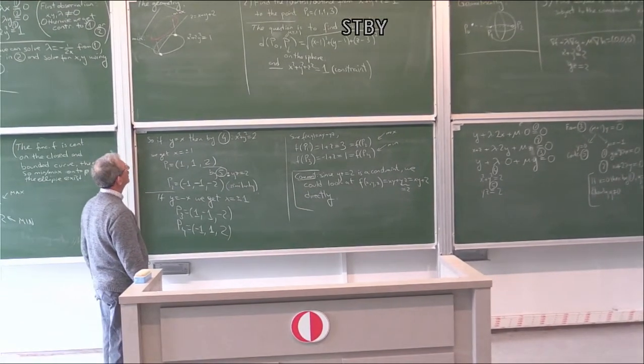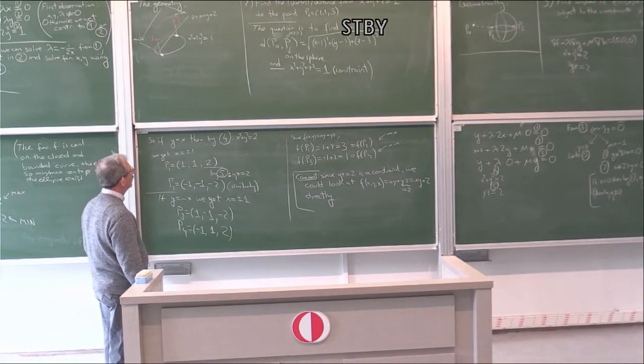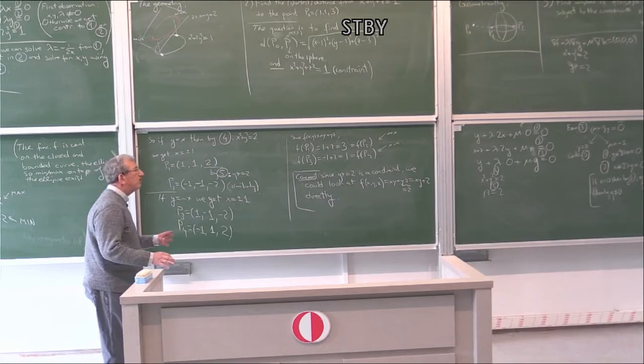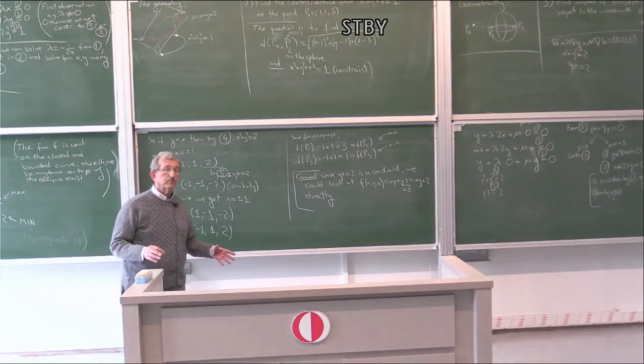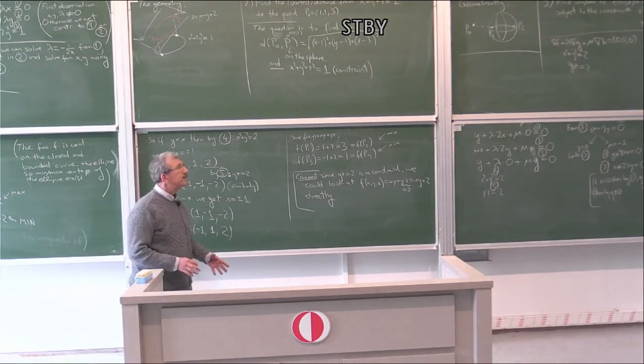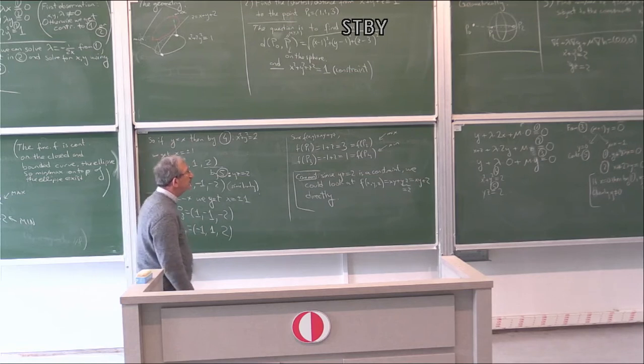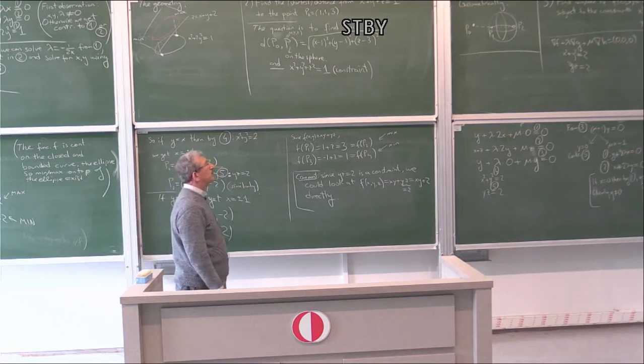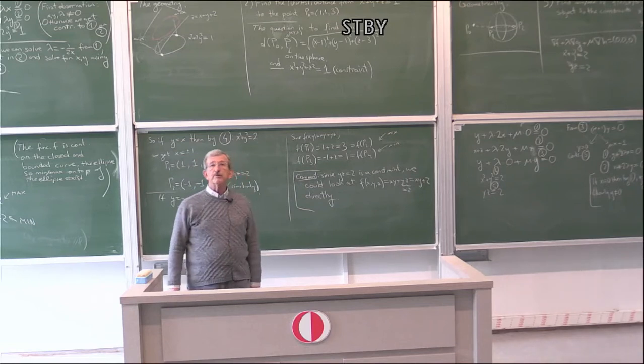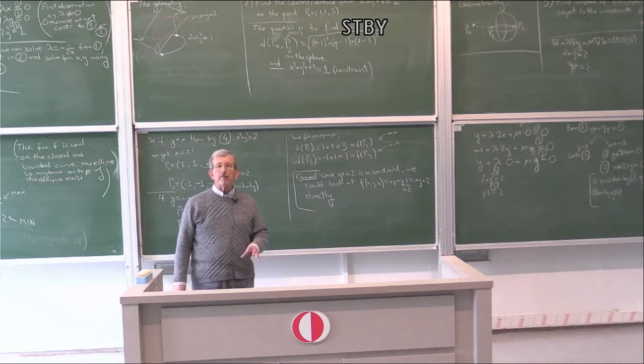Well, by the way, are we sure that there's a minimum and there's a maximum value? Well, yes, because the constraint x squared plus y squared is 2 says that x and y must be bounded from below and from above.